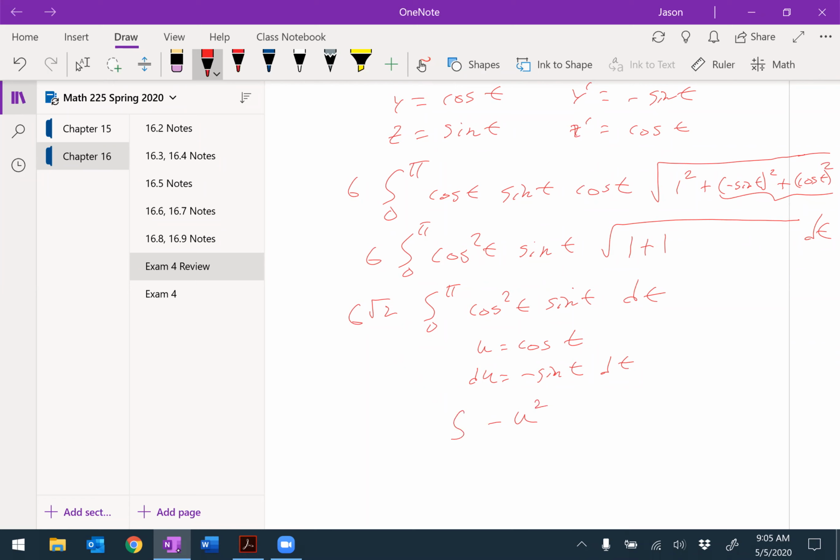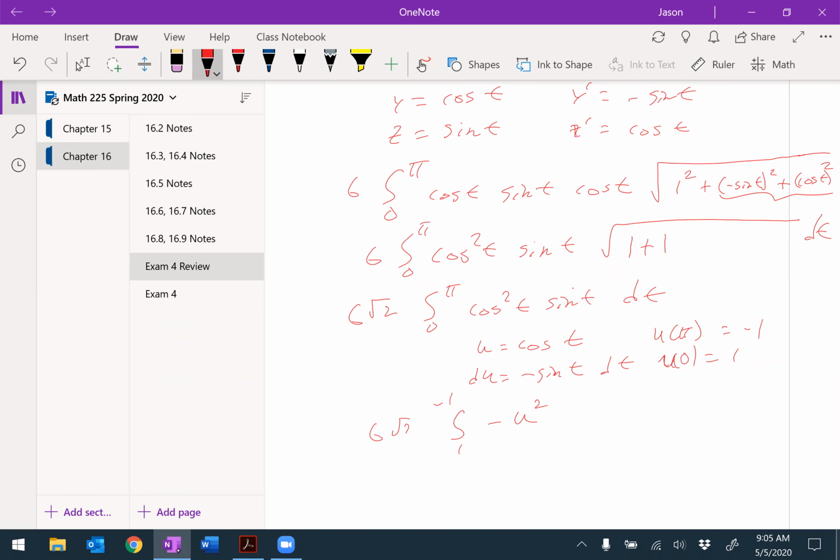Evaluated, I could do my u of pi. What's the cosine of pi? That's negative 1, right? And then what's the u of 0? Well, that's just 1. So this is 1 to negative 1. It's just kind of weird, but it's all good.